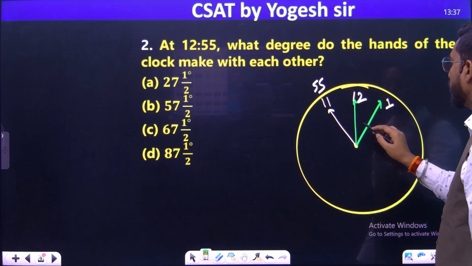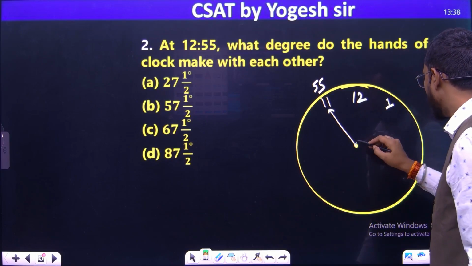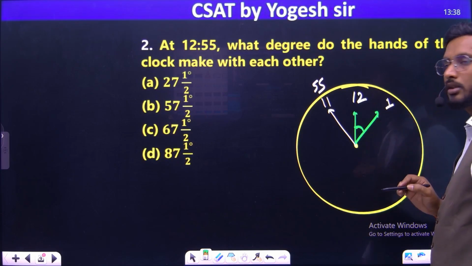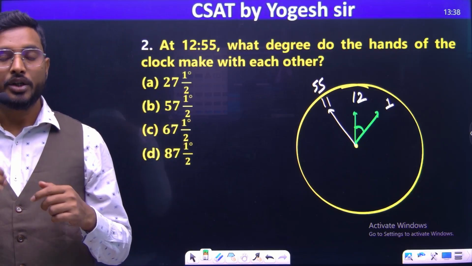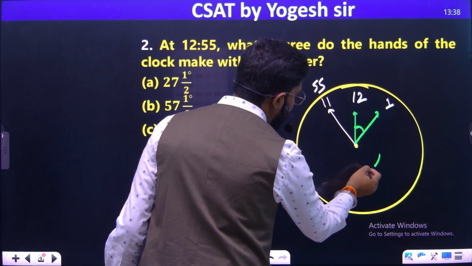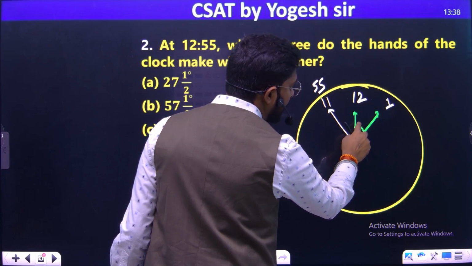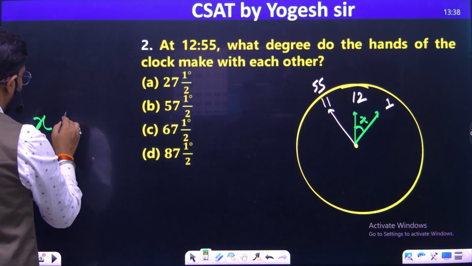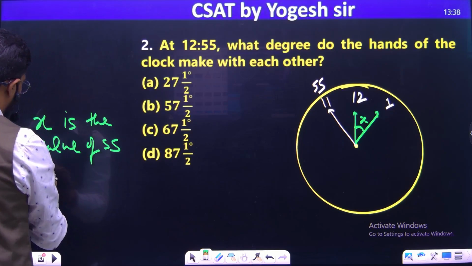The movement of the hour hand will be over 55 minutes, because the minute hand covers 55 minutes of distance, and this angle x will be created by the hour hand in 55 minutes.